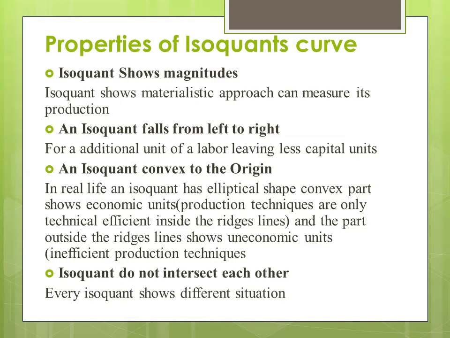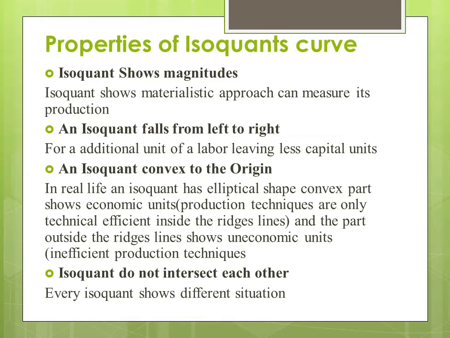So basically, an indifference curve shows the psychological situation of a consumer. We cannot measure it and we call it the ordinal approach. But an isoquant shows a materialistic approach, and it shows how much production we can get by using different units of labor and capital.